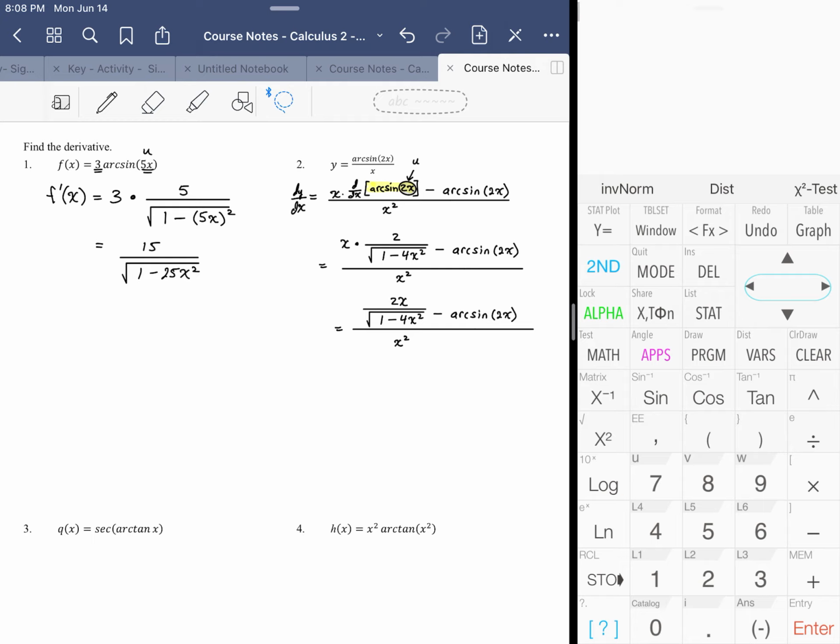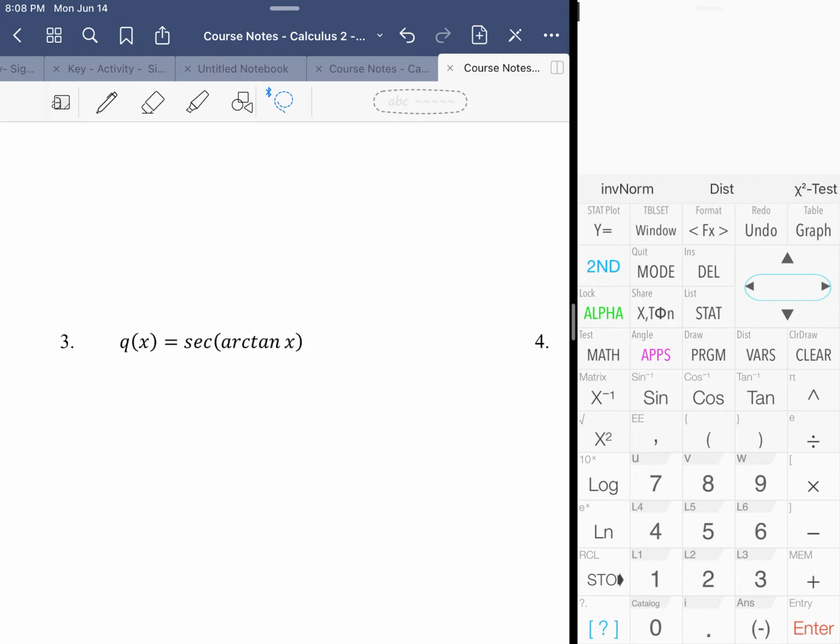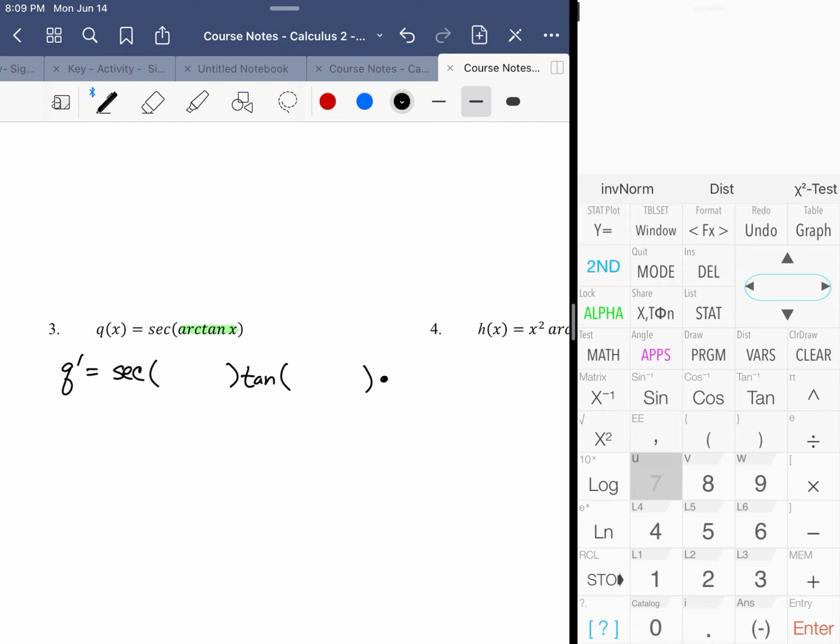Now, number 3, we have secant of the arctan, so a little u substitution, chain rule. So q prime secant of, well, my inner function is arctangent, so we'll hang on to that. So secant has a derivative of secant tangent, so secant of the inner function, tangent of the inner function, multiplied by the derivative of the inner function.